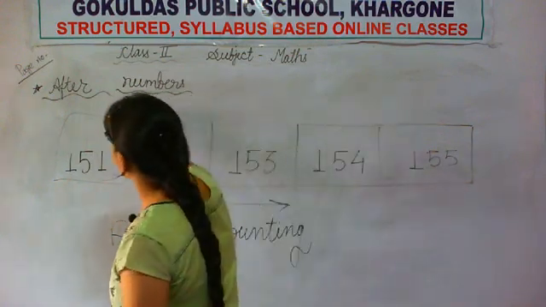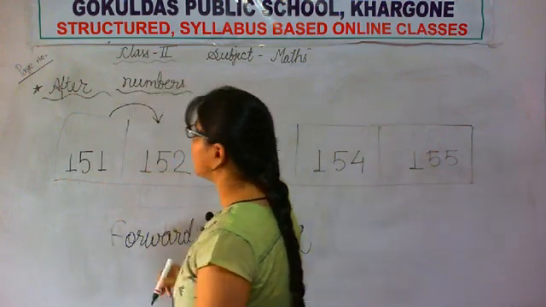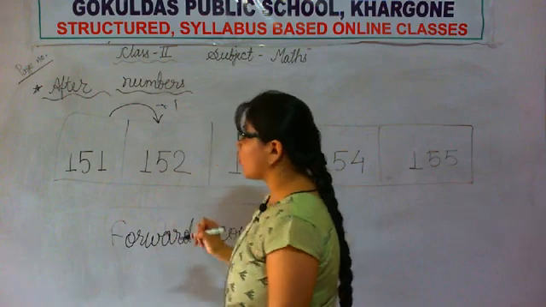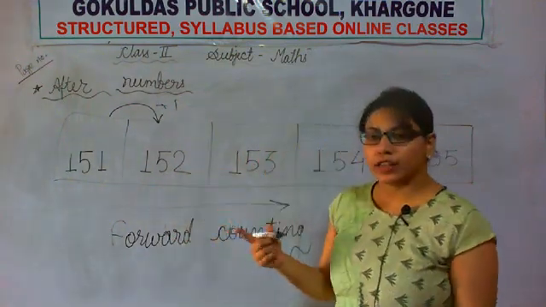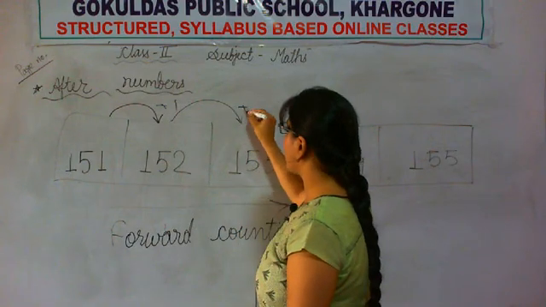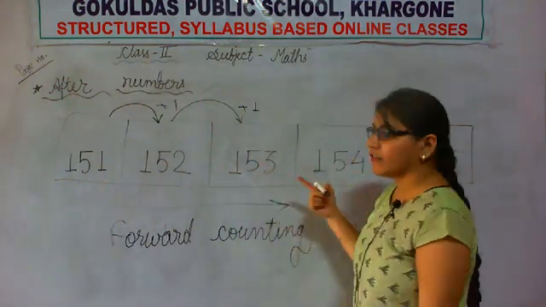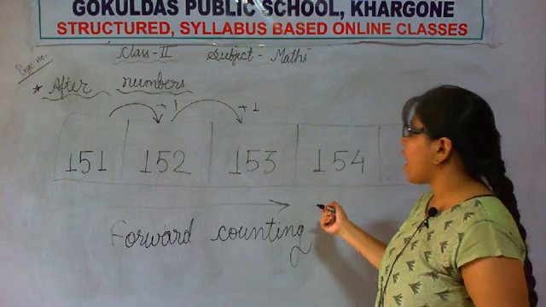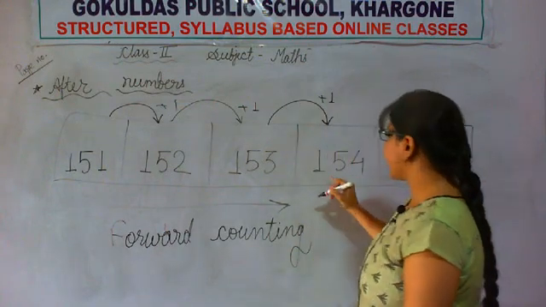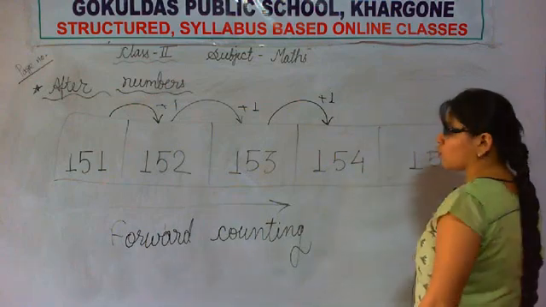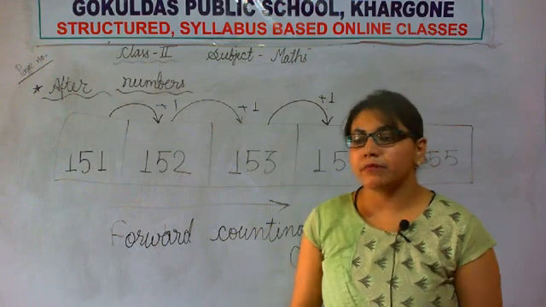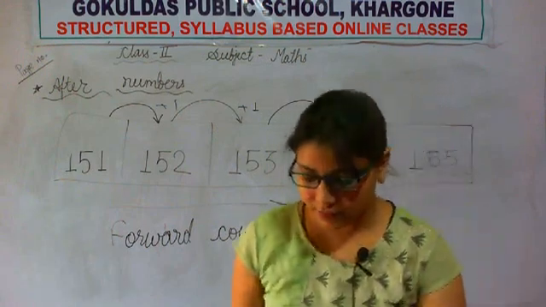So if I want to get the after number of 151, I will just add 1 more and get 152. If I want the after number of 152, I will add 1 more and get 153. If I want the after number of 153, I will simply add 1 and get 154, and so on. So before numbers are backward counting and after numbers are forward counting.